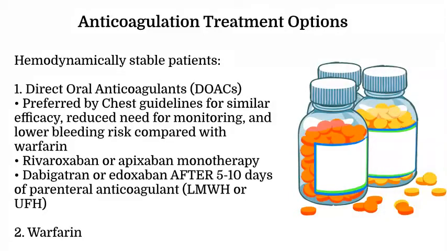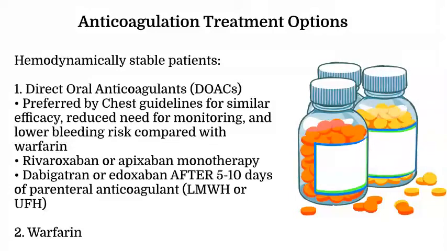So, for some reason, if your patient cannot take a DOAC, that could be in a patient whose insurance is not covering these or has a very high copay, then warfarin is an option, and you would do the bridge that I just talked about.